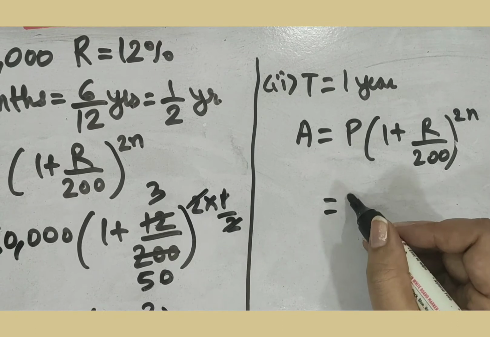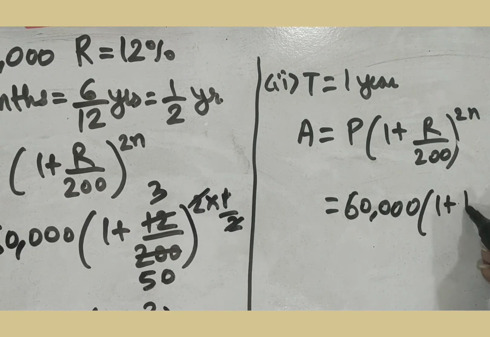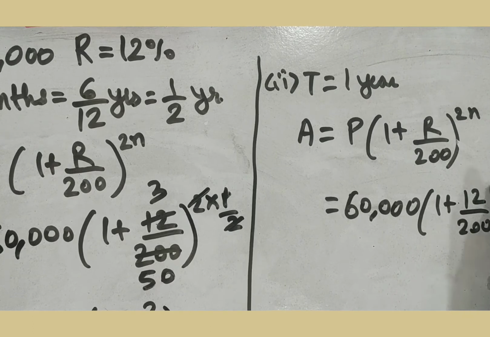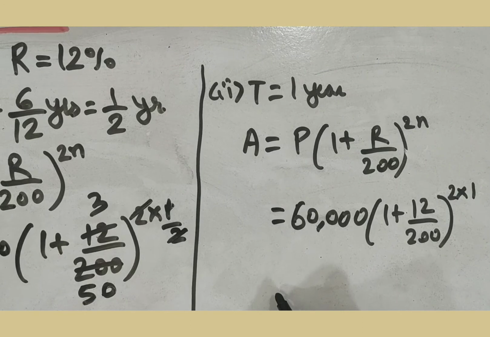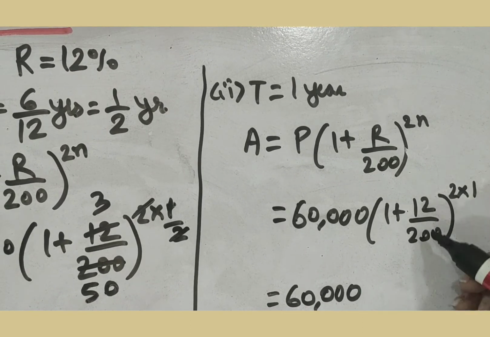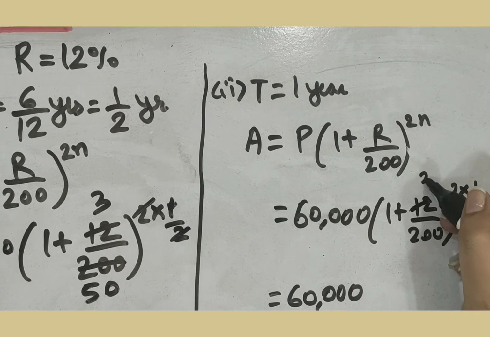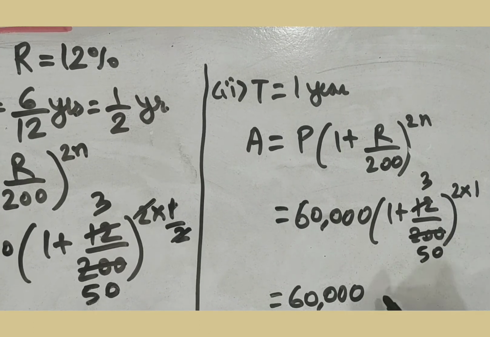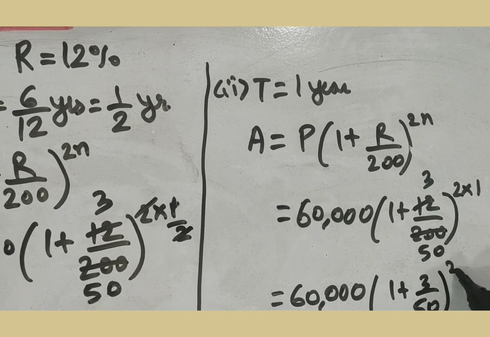That will be equal to 60,000 into 1 plus 12 upon 200 whole raised to 2 multiply by 1. So that will be 60,000. Here both are divisible by 4 again. So it will be 4 3s are, and here it will be 50. So I will get 1 plus 3 upon 50 whole square.